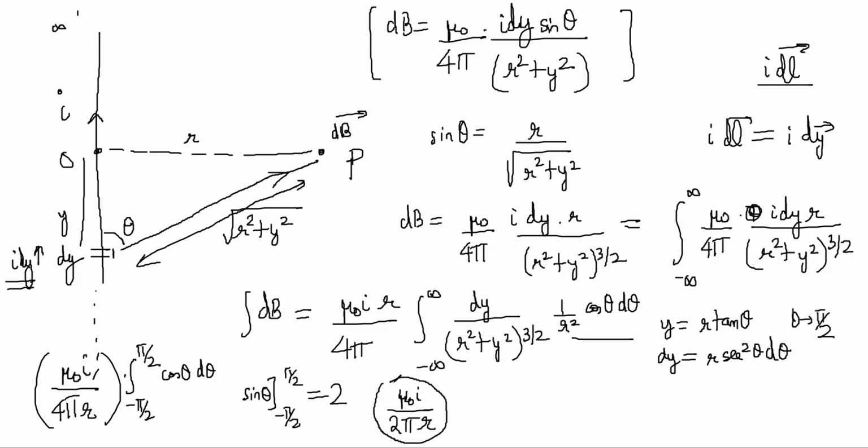I hope everyone is convinced about how it came, mu naught I by 2 pi r, right? Clear, no? Okay. So long wire, distance is r, field here came as mu naught I by 2 pi r.